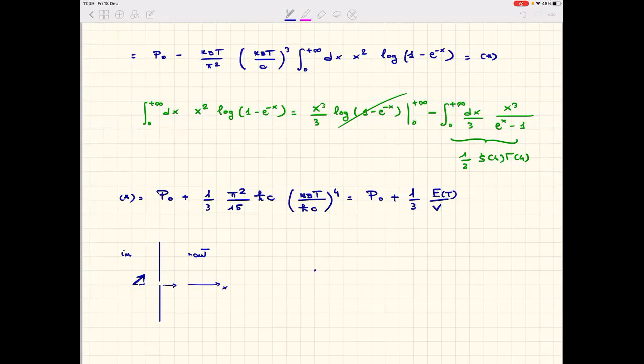Suppose that any particle is coming out with a velocity pointing in this direction, if this hole is infinitely small.